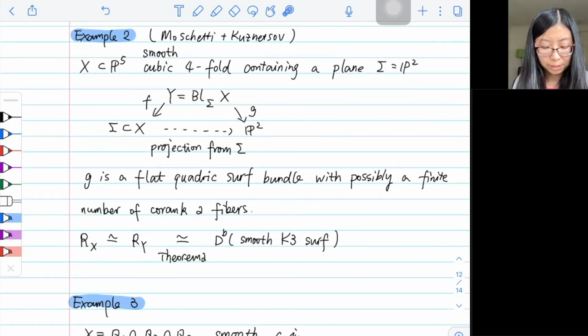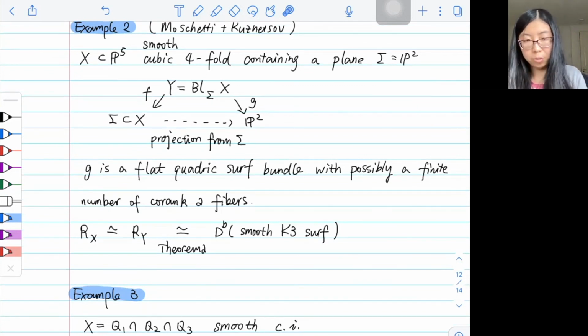Here the map G would be a flat quadric surface bundle. In the generic case, this bundle has simple degeneration. But in general, you could have a finite number of fibers that have corank 2.